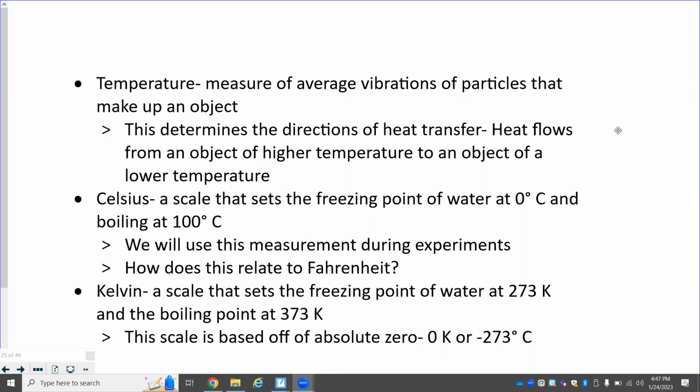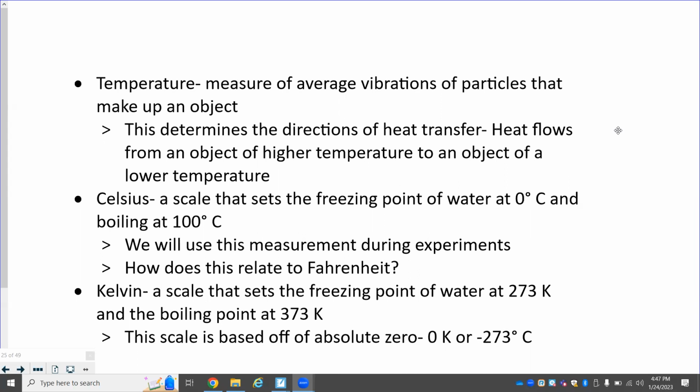All right, another measurement that we are going to have to deal with is temperature. We're going to use temperature a lot throughout the course of the semester. Temperature is the measure of average vibrations of particles that make up an object. A lot of times we think of temperature as how hot or cold something is. What we perceive as hot or cold is the movement of those particles.